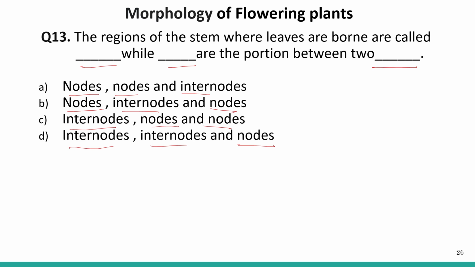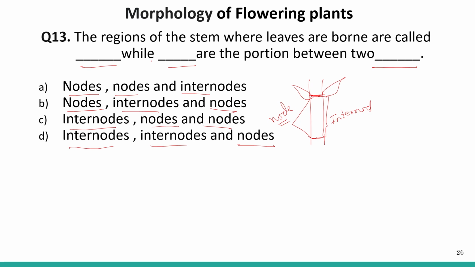But if you remember what are nodes and what are internodes, then you are able to give the answer. So leaves are always borne on the nodal region. And the portion between two nodes, this is one node and this is another node, this particular part is called internode. And these two regions are called nodes.